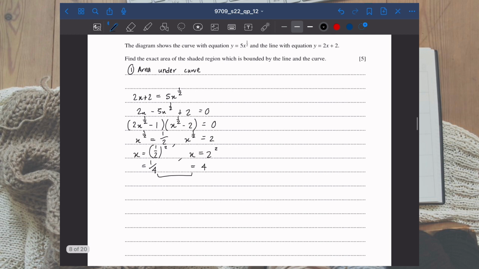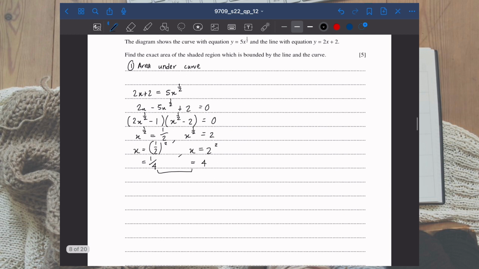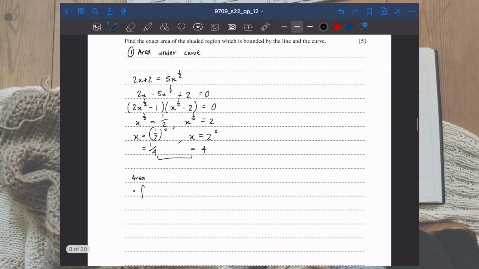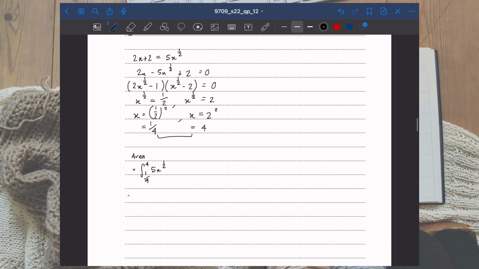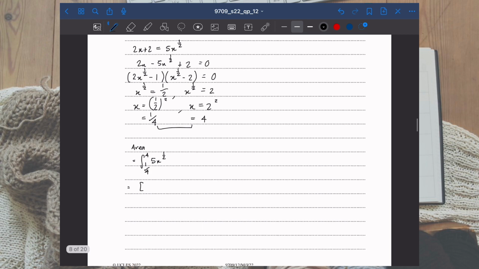So to find the area under the curve, we need to integrate the curve equation. So our area will be the integration of 5x power 1 over 2 with limits 4 to 1 over 4. Integrating 5x power 1 over 2 will get 5x power 3 over 2, and then dividing by the power will get 2 over 3, with limits 4 to 1 over 4.